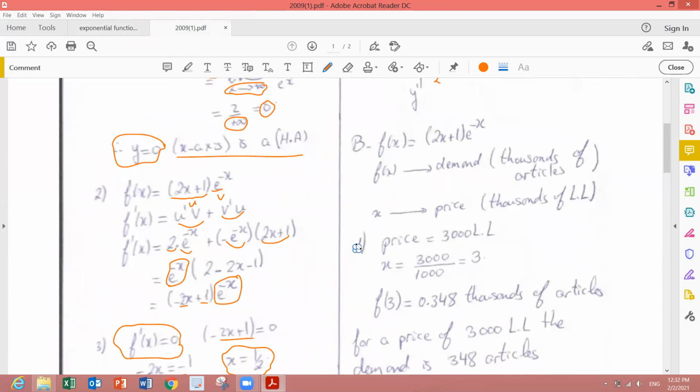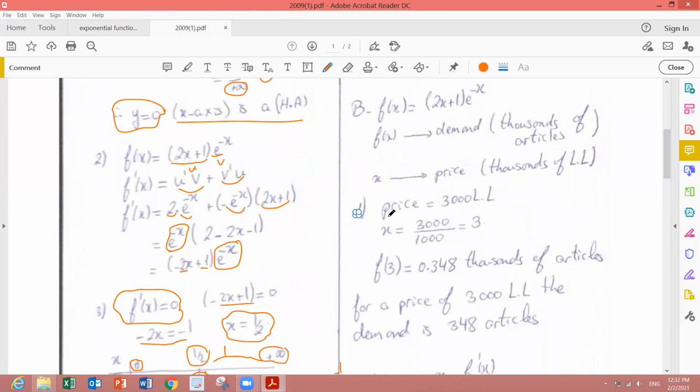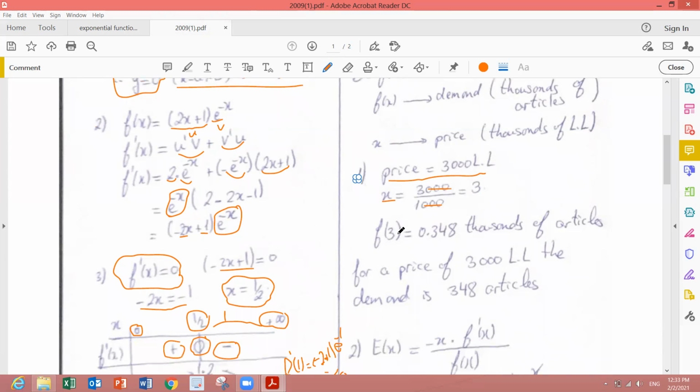So part 1. Price is 3,000. x equals 3,000 over 1,000. Why 1,000? Because the unit price is 1,000. 3 zeros with the 3 zeros, we get 3. f of 3 equals 0.348 thousands of articles.